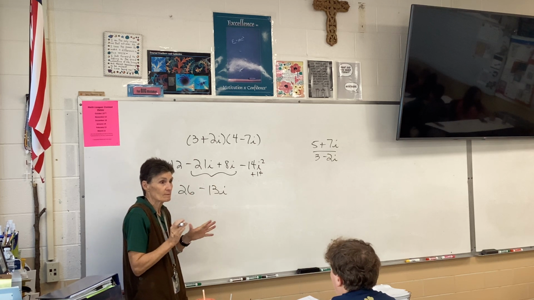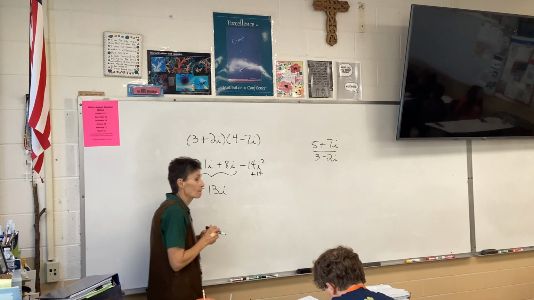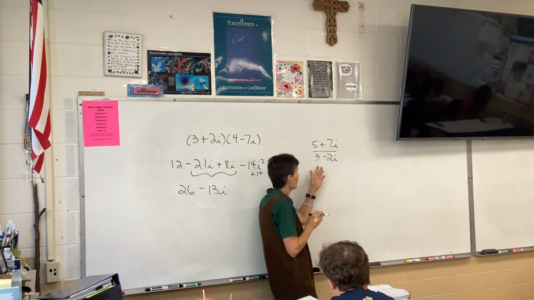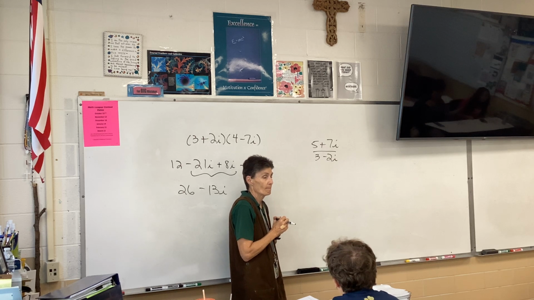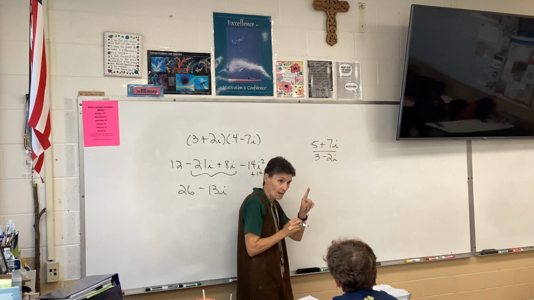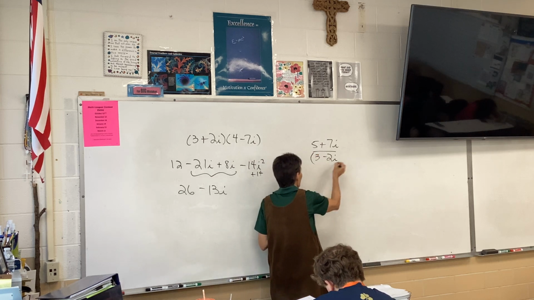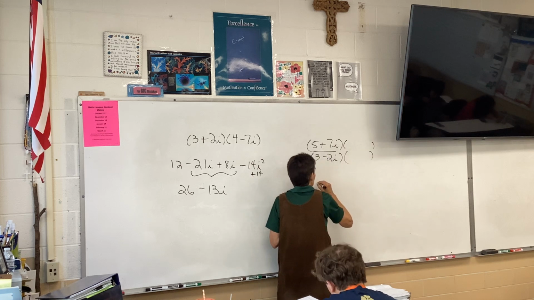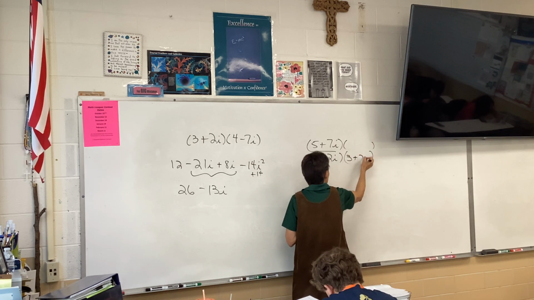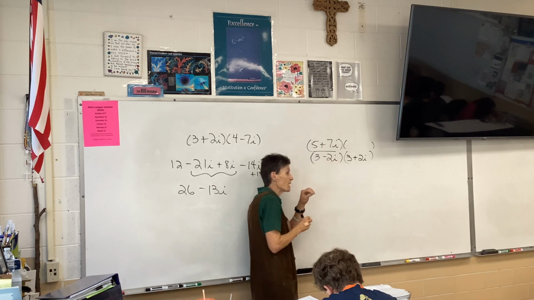Okay, not bad. All right, what about this guy? What do we do here? Multiply by the conjugate of the denominator. And the conjugate of the denominator would be what? 3 plus 2i. Remember, you just change that sign.